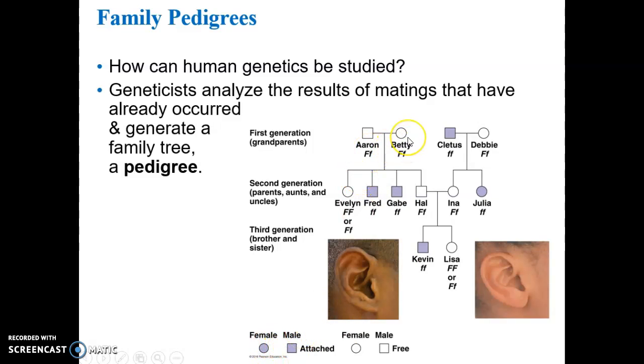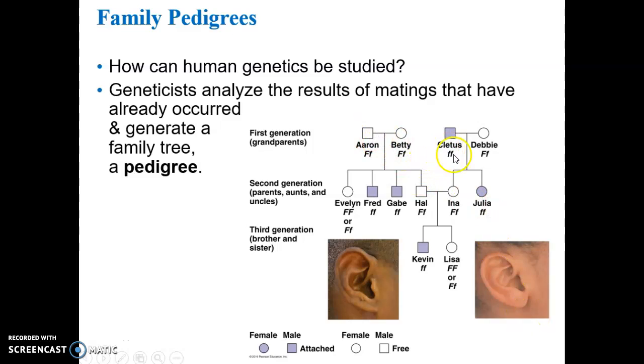So there's Grandma Betty, and she's a female, and she had free earlobes, and Granddad Aaron, for example. So those are the genotypes of those two individuals that we happen to know what they are, heterozygote, heterozygote. The F for free earlobes is the dominant gene. So that's what gets expressed. That's the phenotype based on the key, a free earlobed male, okay?